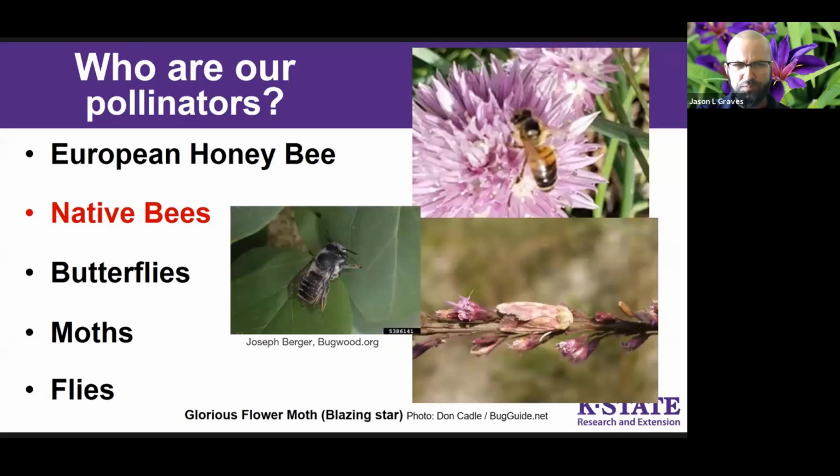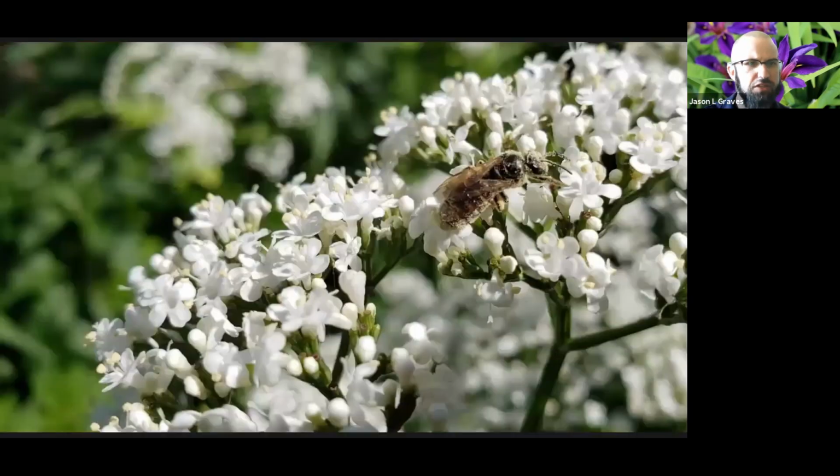And so it means that bees are very important pollinators because they gather that pollen for their reproduction. And so that's why we focus on them, and we're going to talk more about them as we go through this slide set.